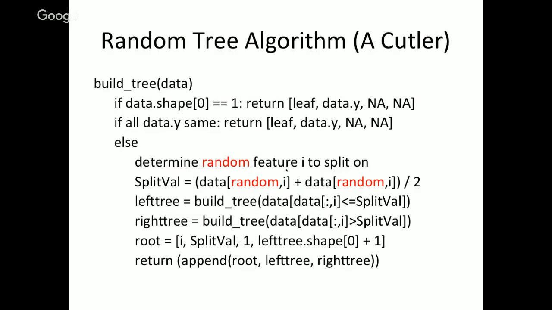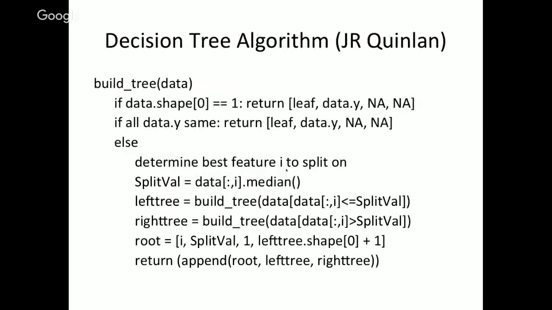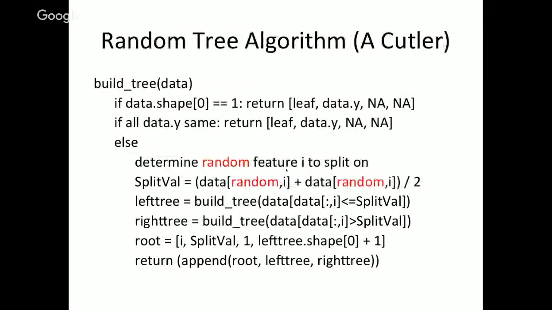Another term for that is ensemble learners, than just to have a single learner. So if you have a single tree and you build it carefully, using this Quinlan method, yes, it can do very good. But if you have a learner that's built of multiple trees, even if they're created randomly, its performance can actually supersede that of the best individual tree. And we'll get into more detail on that a little bit later.